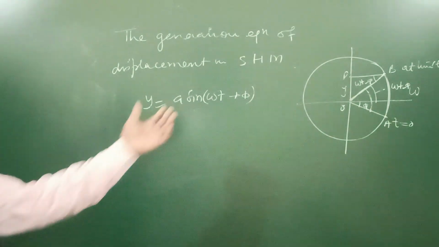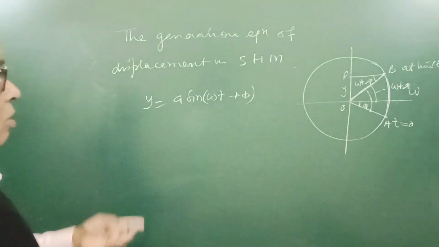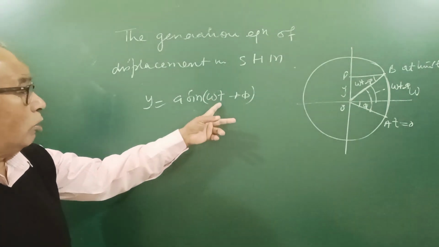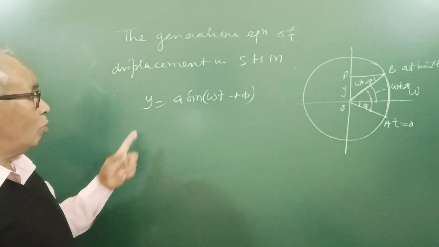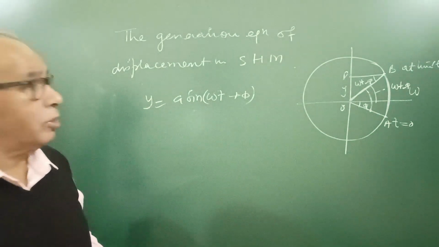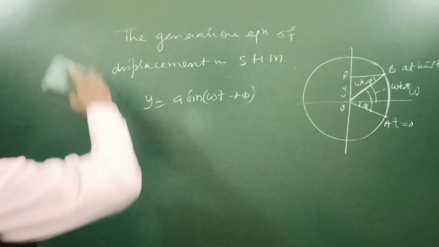We can find out the value of phi by knowing the initial conditions. Initial condition is at t equal to 0, what is y? I will be telling you the questions here. So we can find out it.